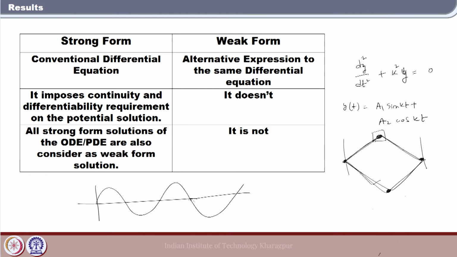So physically I can see that could be a solution, right. If you take a string and oscillate it, it is more likely going to look this way, right. So let me just rub this out and draw it somewhere here.